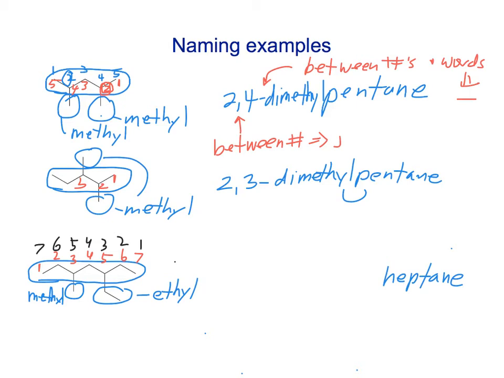We're going to give priority to the substituent that comes first in the alphabet. So ethyl comes before methyl, so we are going to number this as we have in black. So we list the substituents in alphabetical order, and we give them those numbers. So we're going to have 3-ethyl-5-methylheptane.